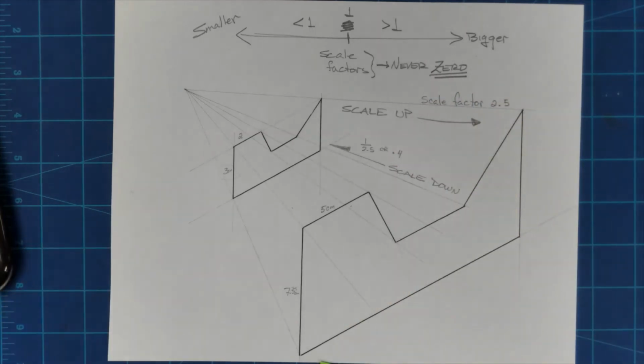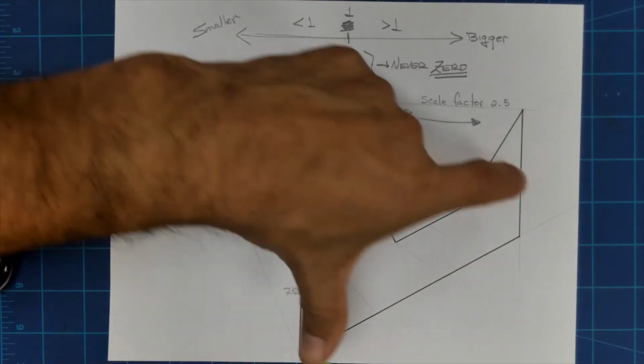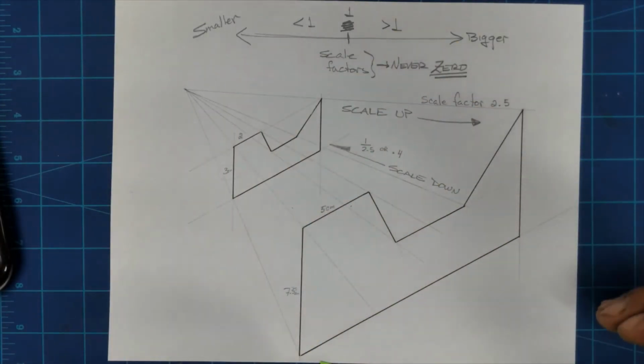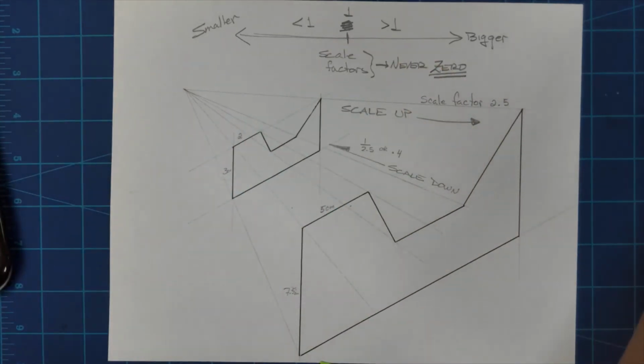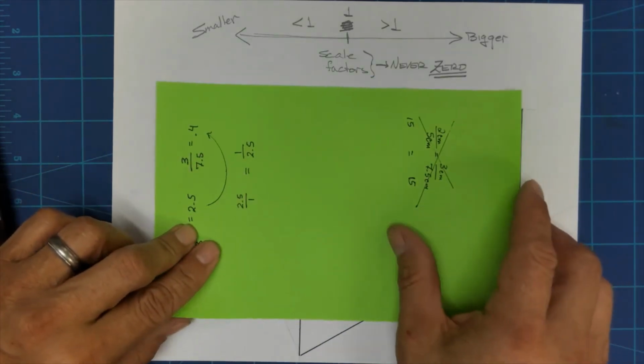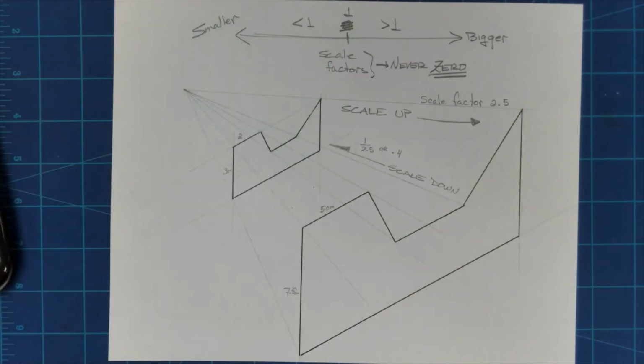A scale factor of 0 means the thing disappeared. So 2.5, 0.4. Scale factor of 0 would look like this. This we're scaling. 0, gone. So no zeros.